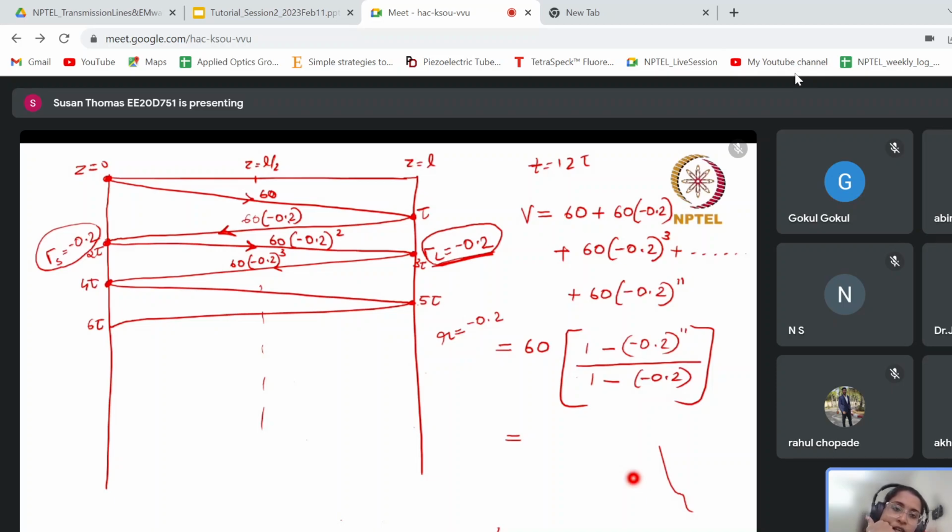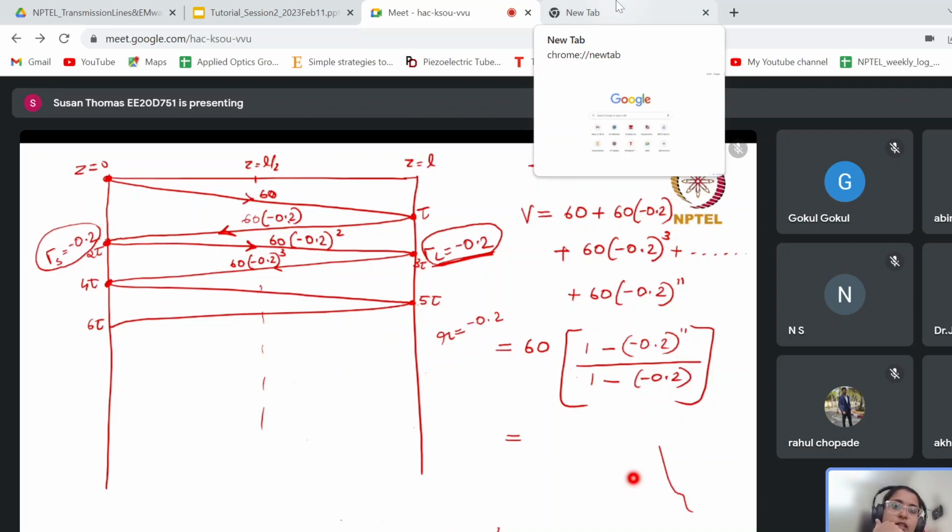You can get the link from that same Excel sheet. That link is uploaded in the NPTEL site. It is not directly the YouTube link, it is a link to an Excel sheet. That Excel sheet itself will have a link to the PPT which I am using and also the video recording in the YouTube channel. Okay, ma'am. Thank you, ma'am.